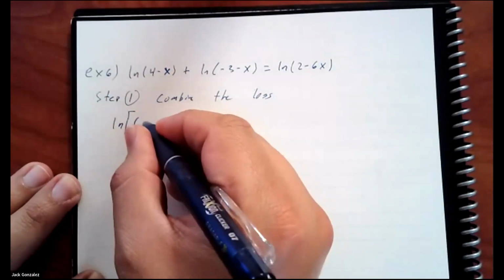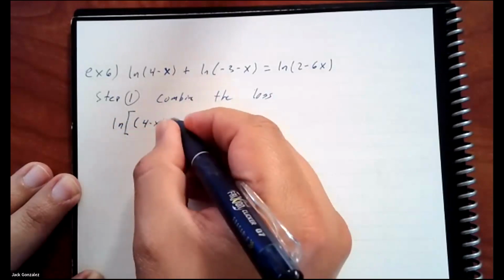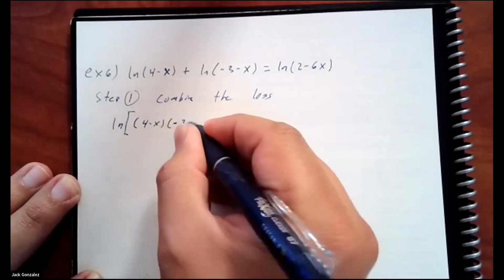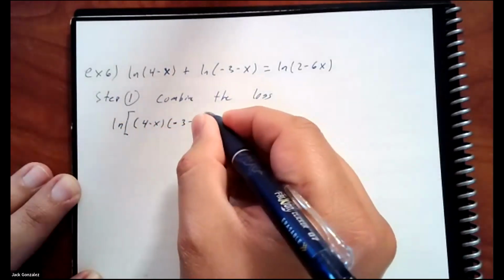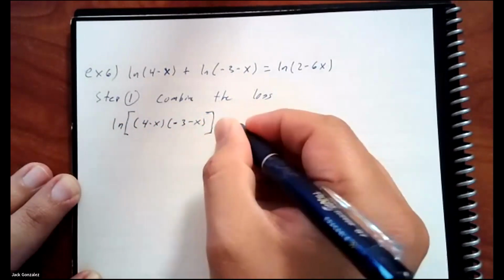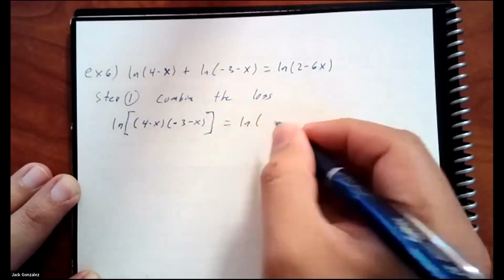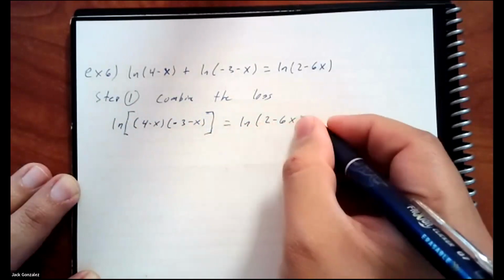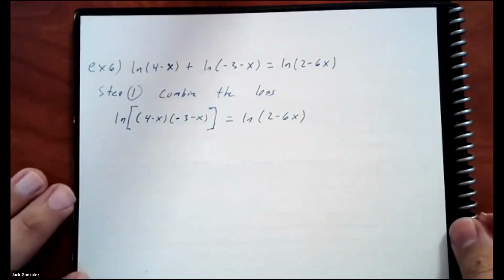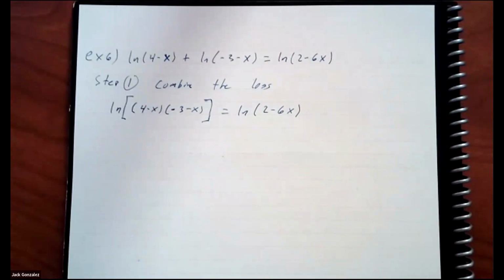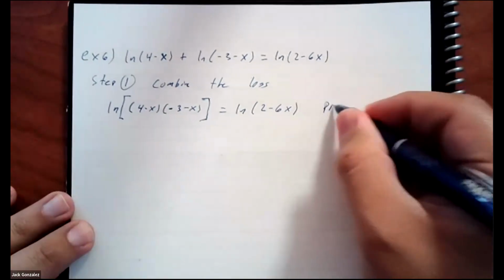Using the product rule, you get ln of (4 minus x) times (-3 minus x) equal to ln of (2 minus 6x).